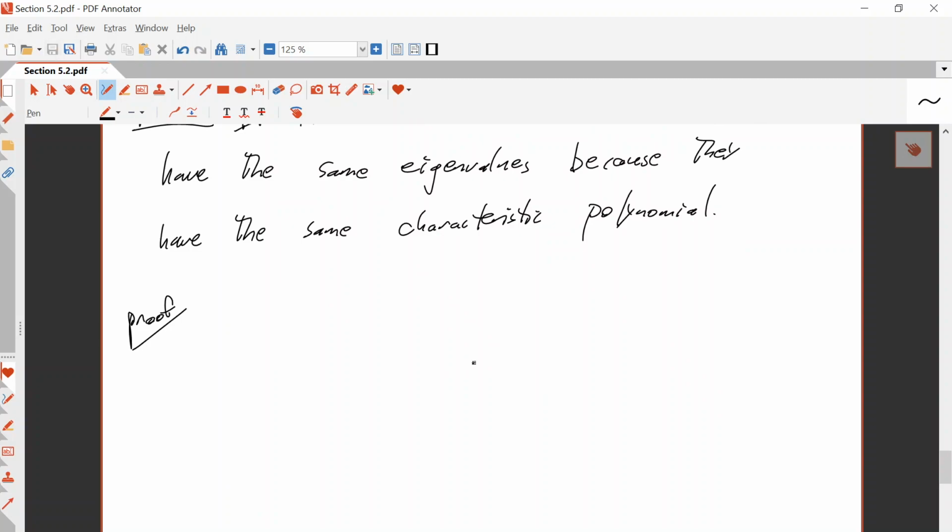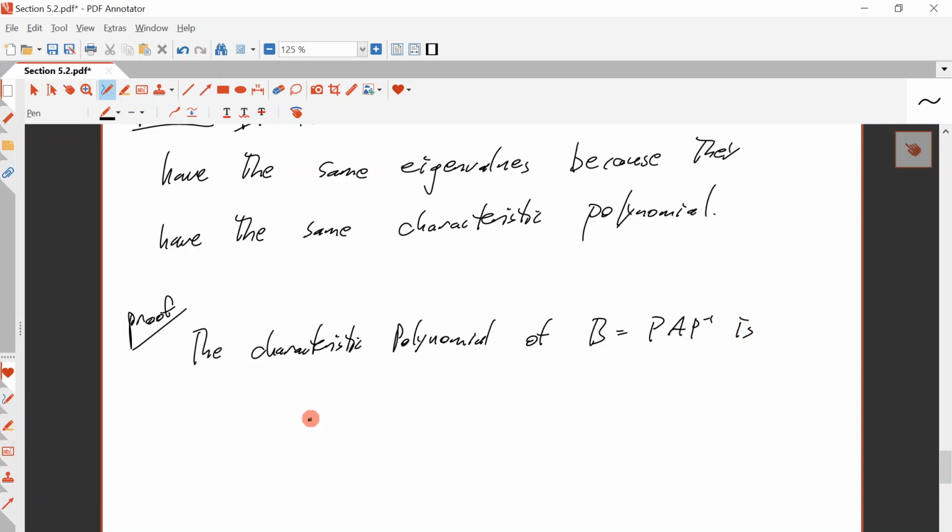So the characteristic polynomial of B equal to PAP inverse is the determinant of B minus kI.